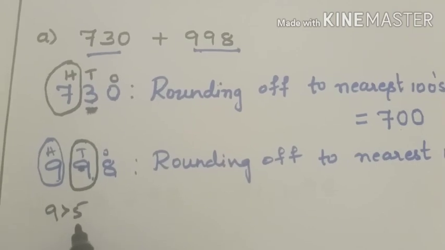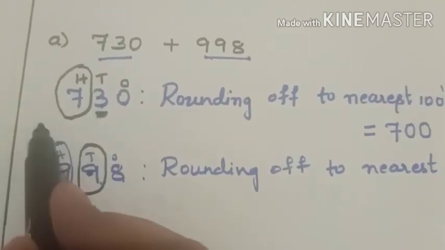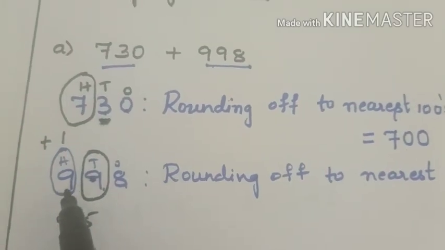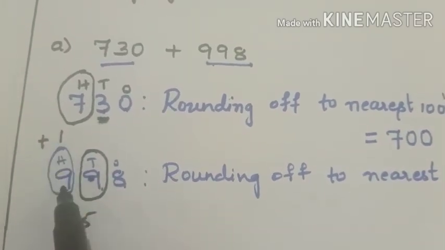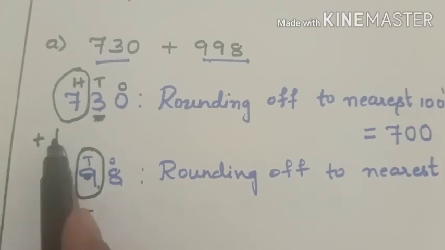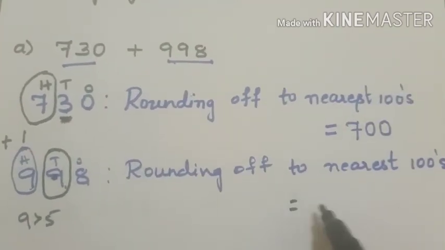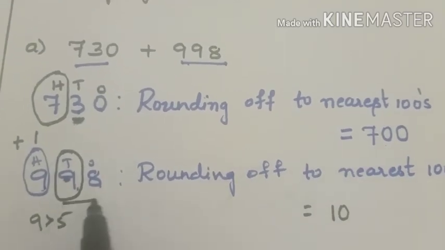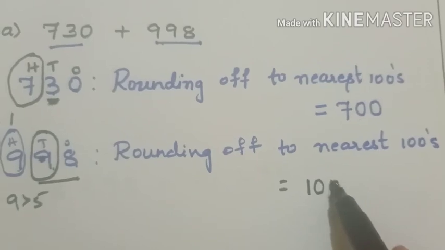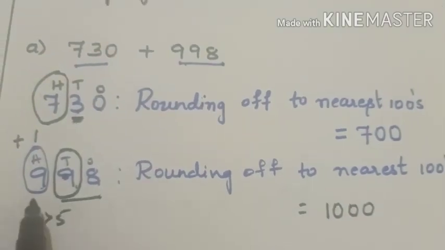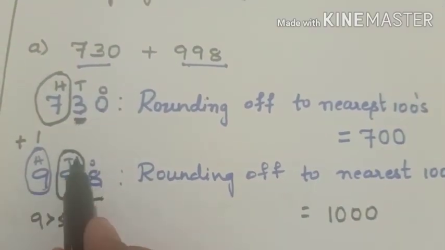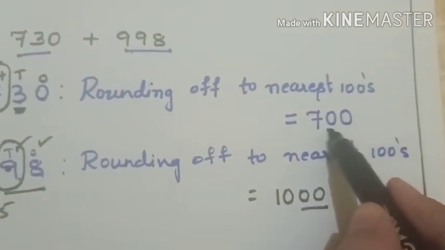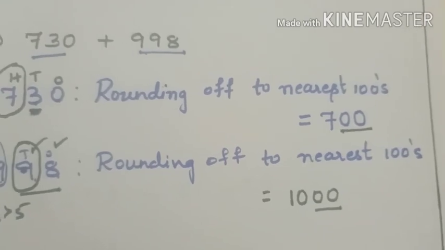So we have to add plus 1 to the hundreds place. When you add plus 1, the hundreds place now becomes 9 plus 1 is 10. Fine. And these two digits will become 0, 0. While rounding off to the hundreds place, the tens place and ones place become 0.